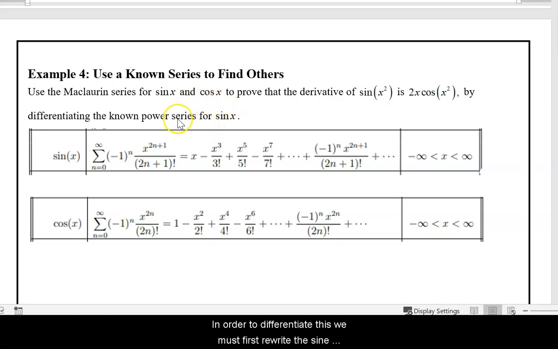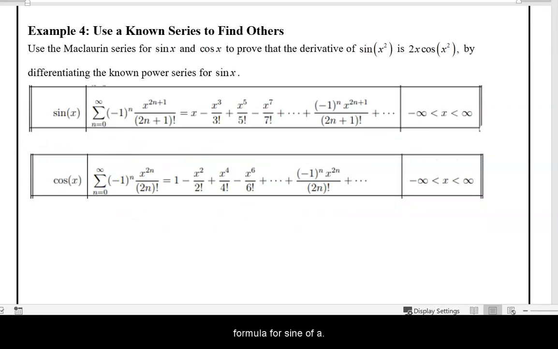In order to differentiate this, we must first rewrite the sine of x squared in the format of sine of x. That means we'll take the first box, which gives us the known formula for sine of x, and use that to rewrite the formula for sine of x squared.